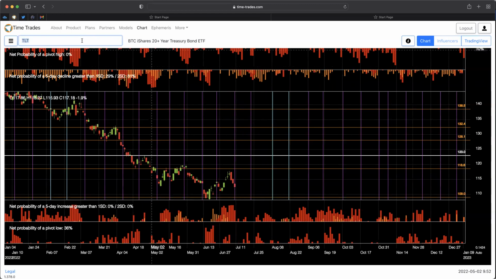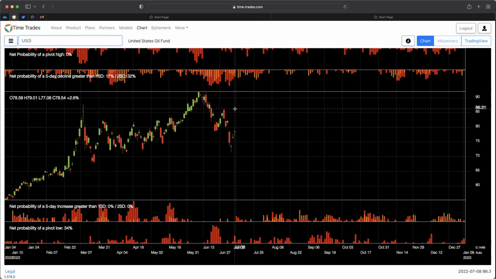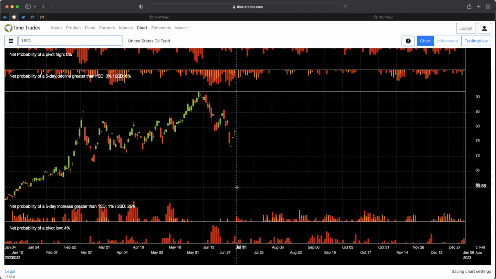Okay. Let's take a look at energy. I've been focused a lot on natural gas, but we'll start with oil. So USO is the oil ETF. And looks like we're going to have a couple days pop here early this week. And then we've got a longer cluster of down days with a pivot high on July 19th.